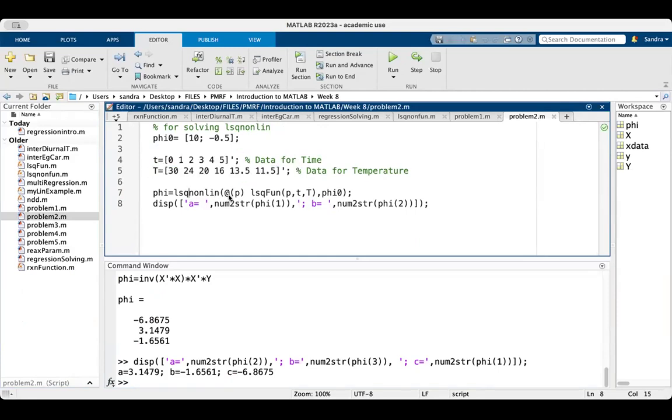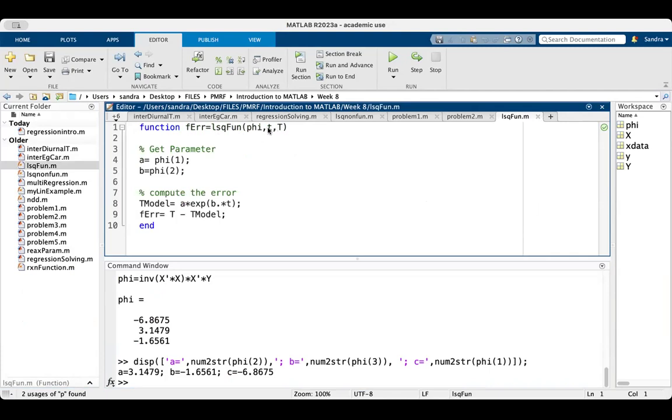Now we use LSQ nonlin. Phi is the unknown. LSQ fun is the function that I write. It takes in the data, that is time, temperature, and also the unknowns. So it takes in phi, time, and temperature. Out of phi, the first parameter is my A, the second parameter is my B. This is my model, A exponential BT.